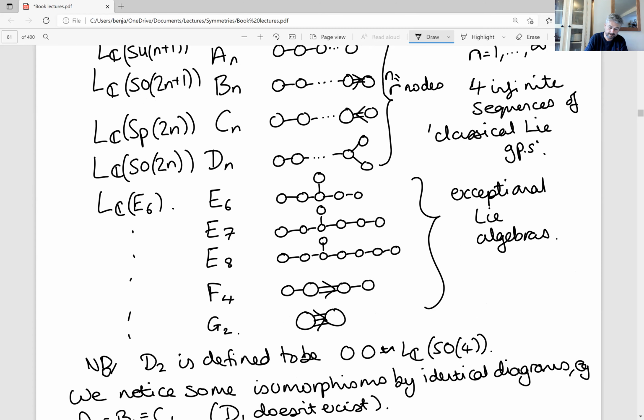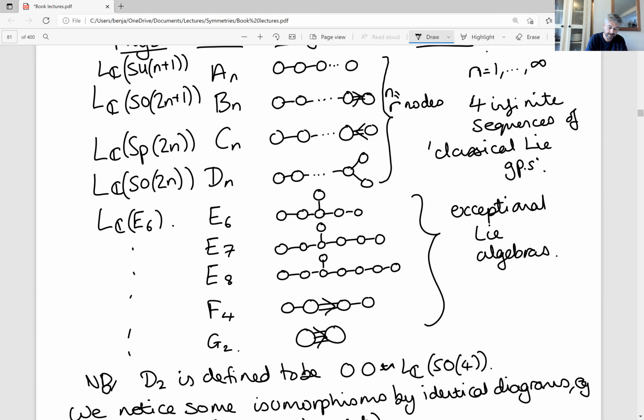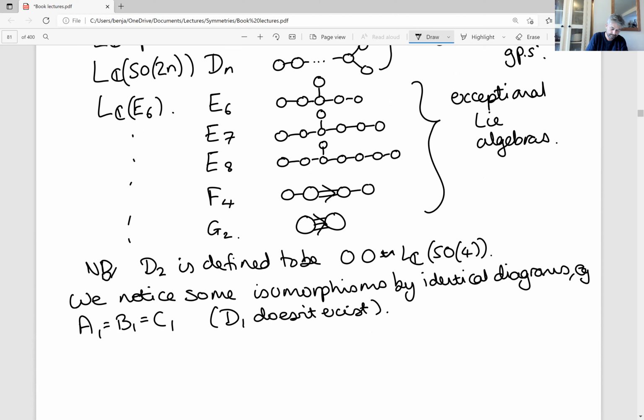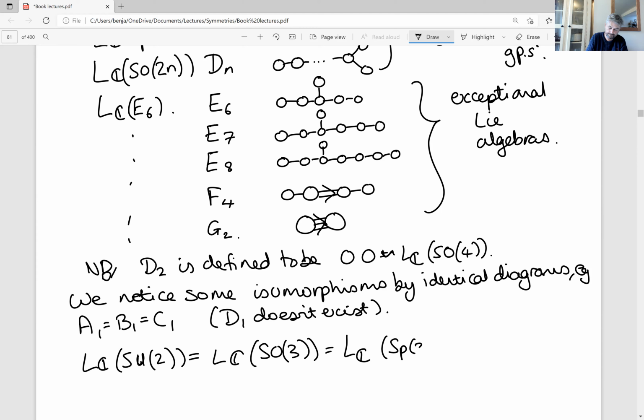So from that, if we look at what that means for the Lie algebras in our physics notation, we see that the Lie algebra of SU(2) is the same as that of SO(3), and it's the same as Sp(2). Well, I should really say that it's isomorphic.